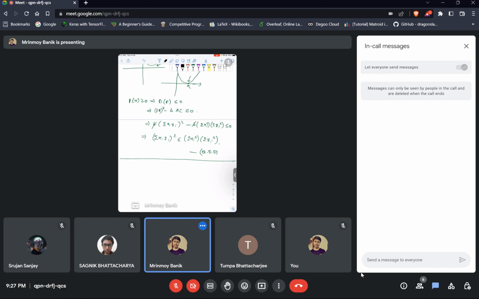Okay, so let's practice some problems. Some easy examples might be: (a squared b plus b squared c plus c squared a) times (a b squared plus b c squared plus c a squared).